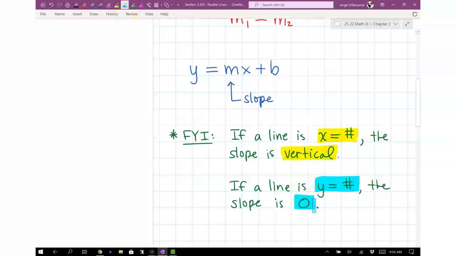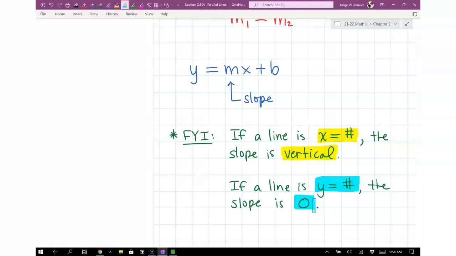So if they told you y equals 3, then you know the slope is just 0. If it's just y equal to a number, your slope is going to be 0. If it's just x equal to some number, then your slope will be vertical. A vertical line. That's all.